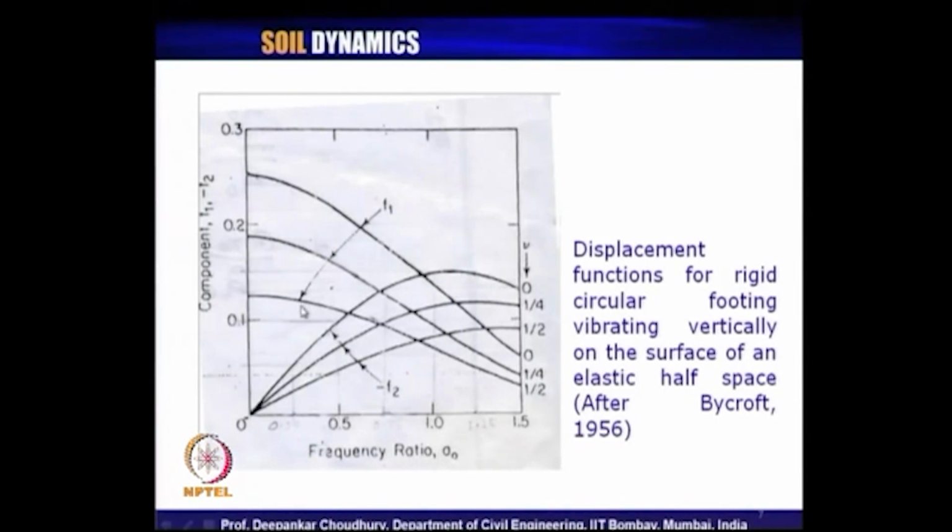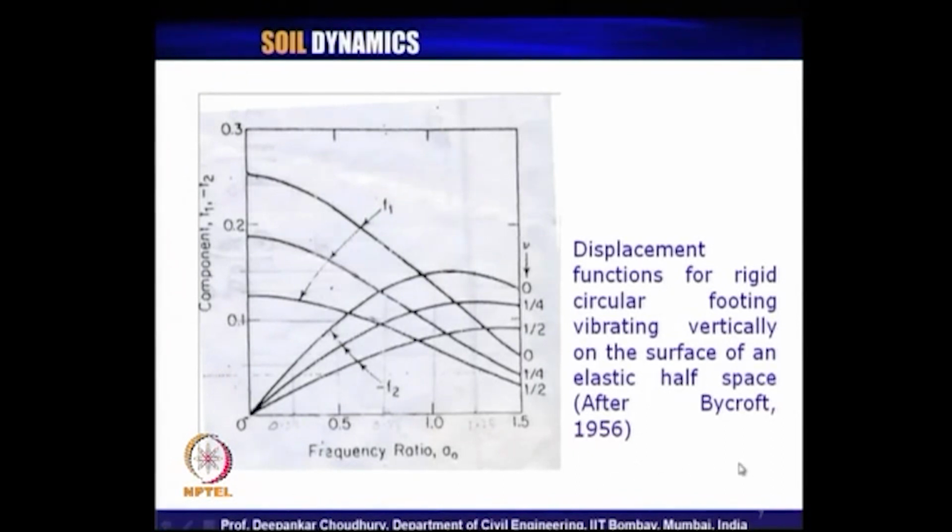These are curves for F1, these are curves for F2 for different values of Poisson's ratio 0, 0.25 and 0.5. Because for soil, any elastic body, all ranges are already covered. For our soil mechanics, all ranges have been covered. Also for F1, this is for Poisson's ratio 0, 0.25 and 0.5.